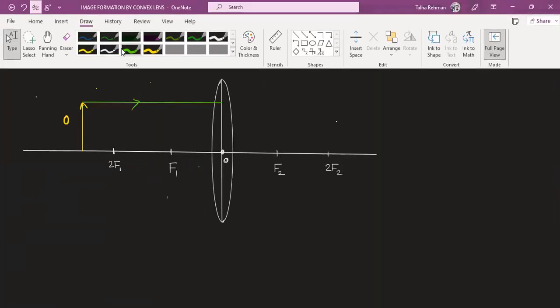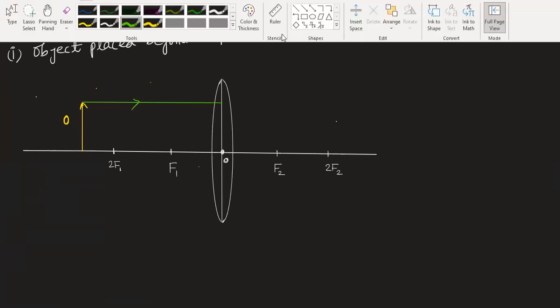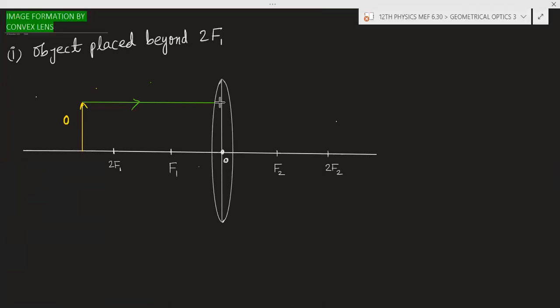This ray of light will pass through F2, like this.